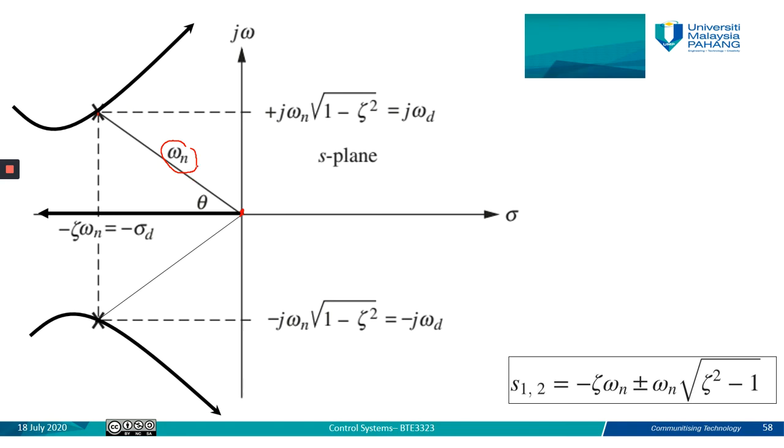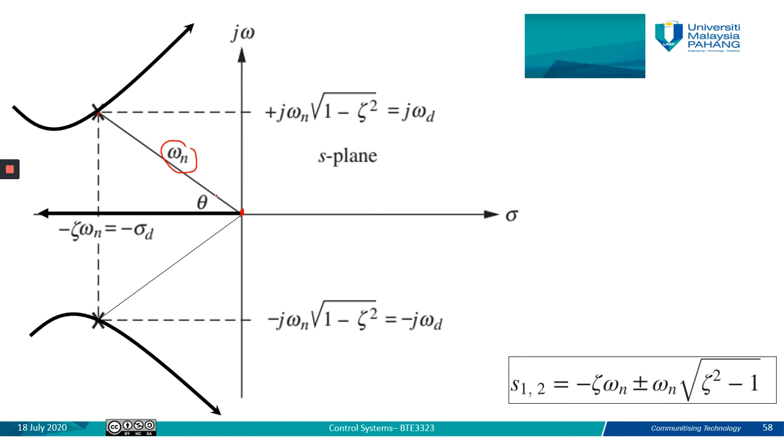You have the root locus, then you draw a line from the point of origin, or from the pole at the origin here, to the other pole, the second pole, which is a complex pole. The length of this line, or the length of this vector, represents the value of natural frequency.